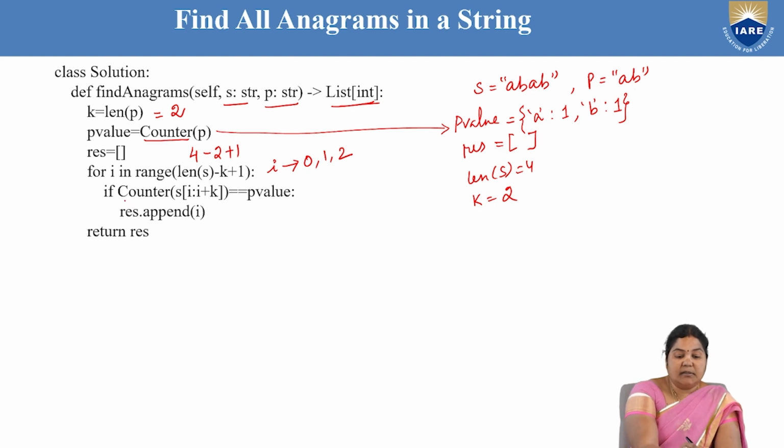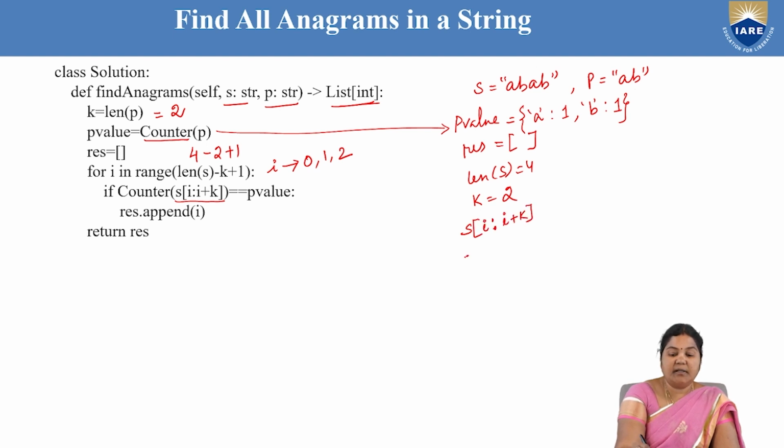Now, what are we going to do for the first slice? We are taking S of I to I plus K. What is the value of I? For the first slice, I is equal to 0, and 0 plus K is 2, so 0 to 2. My string is ABAB, at index numbers 0, 1, 2, 3.